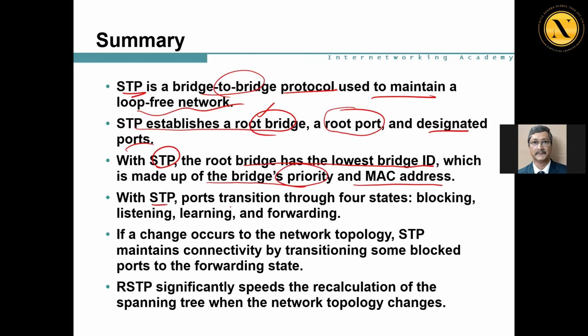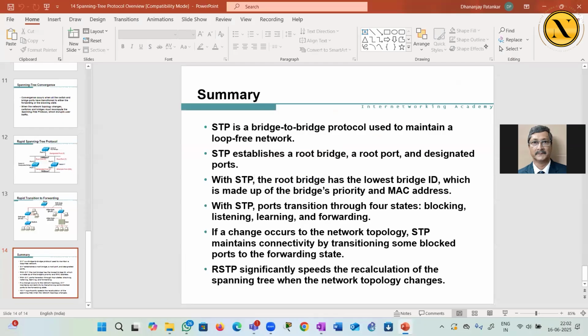With STP, ports transition through four states: blocking, listening, learning, and forwarding. If a change occurs to the network topology, STP maintains connectivity by transitioning some of the ports to the forwarding mode and vice versa, right? RSTP significantly speeds up the recalculation of the spanning tree when the network topology changes, right? So RSTP is based on STP only, just that it's faster.